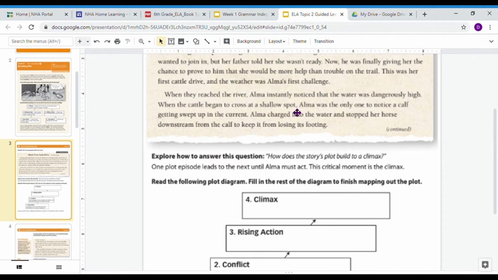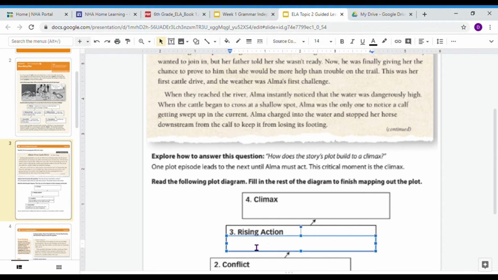I think was when a calf starts to get swept up in the current. I think right there was like, oh, there's your rising action. So we're going to put that here. A calf starts to get swept up in the current.